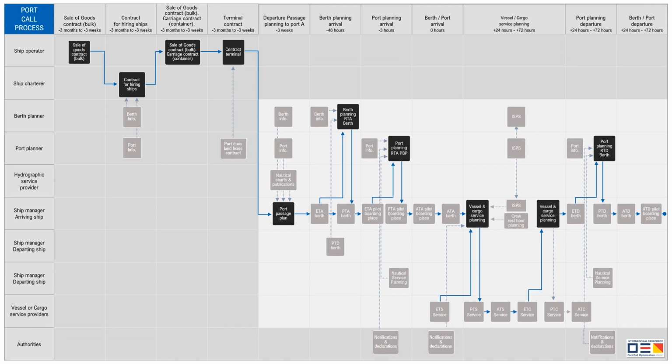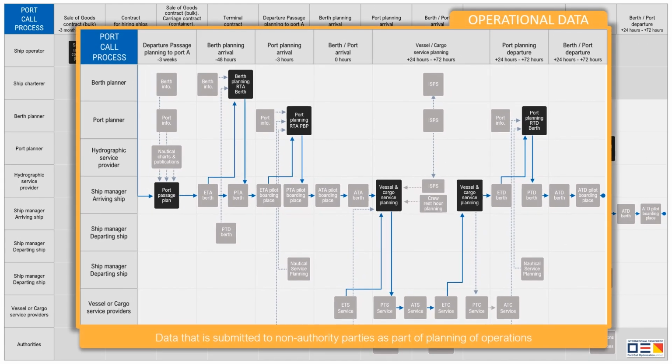This is data which is submitted to non-authority parties as part of planning or execution of certain operations. This data is used to plan arrival and departure times of the ship and the starting and completion time of nautical, cargo and vessel services.